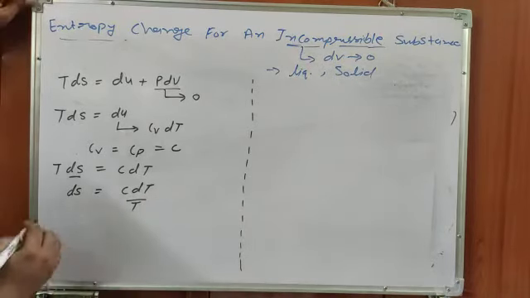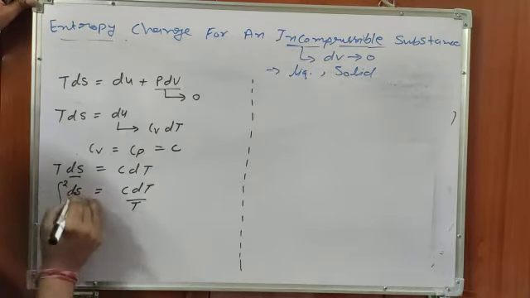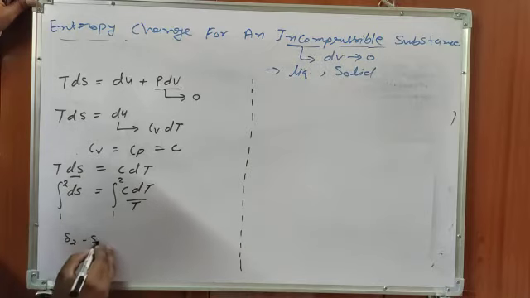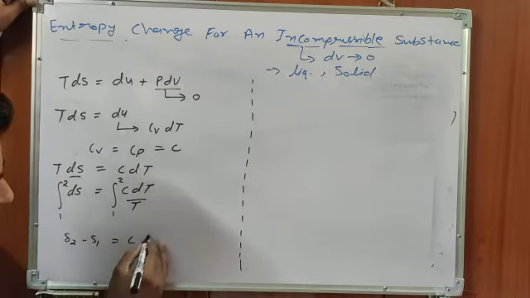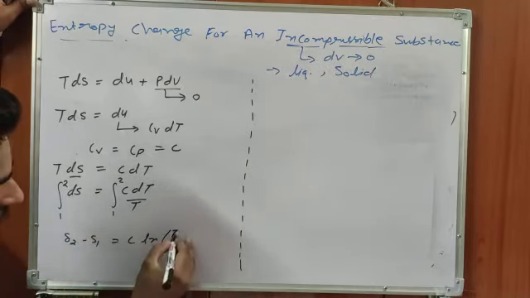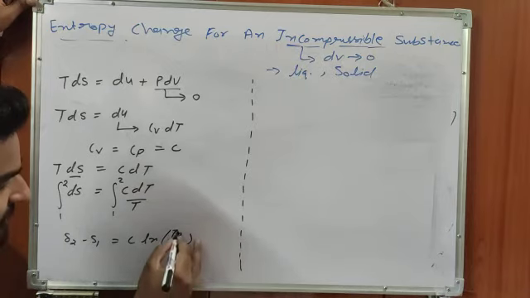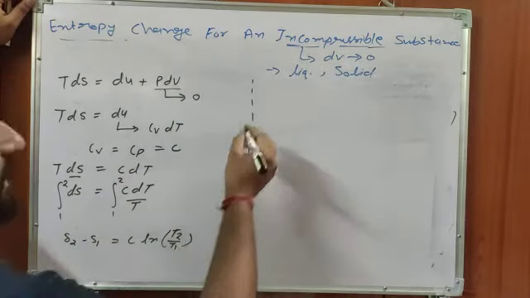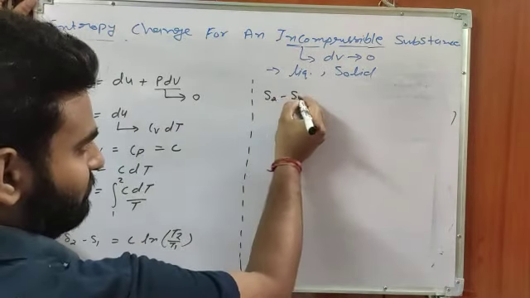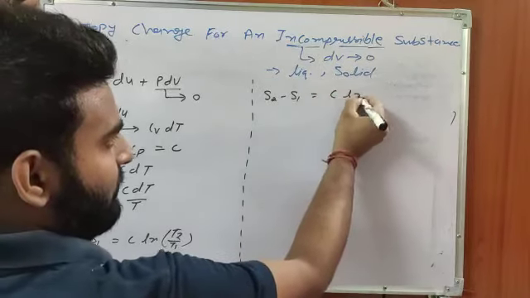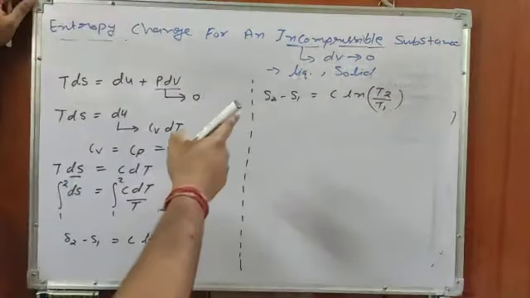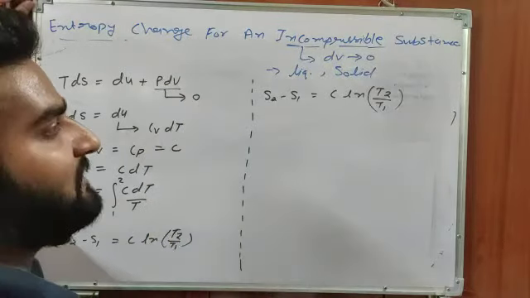Now integrate this equation from 1 to 2, then S2 minus S1 is equal to C ln T2 divided by T1. This is the specific entropy change for an incompressible substance.